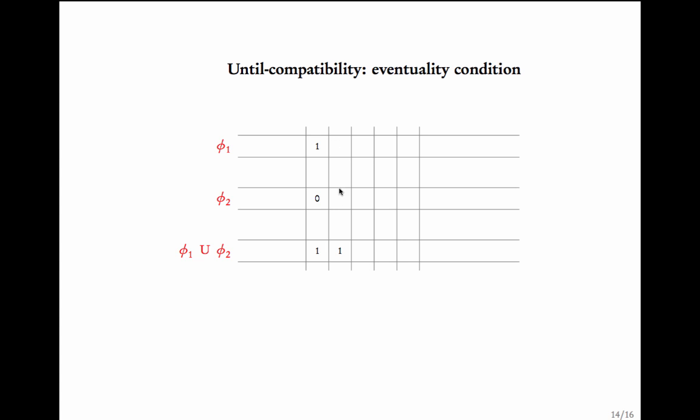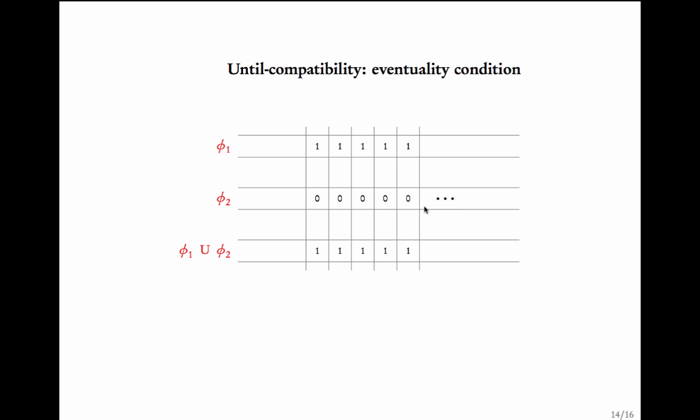Similarly, again, 1, 0, 1, 1, it's possible. And it can go on and on. What does this say? This says that phi1 is always true. Phi1 until phi2 is always true. However, phi2 never becomes true. This is clearly wrong. So we need to add one more condition to this until compatibility.